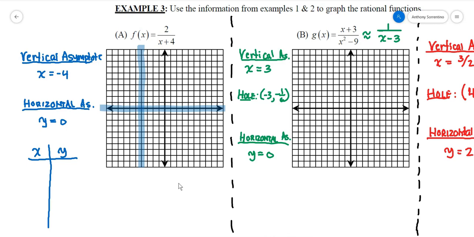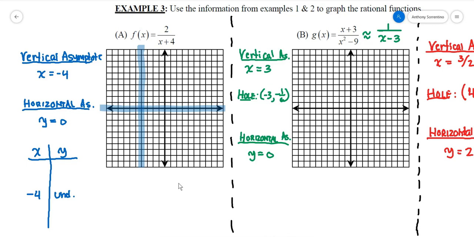And if there's more than one, then you have to account for that. But that's where most of the interesting things tend to occur. So I'm going to put the -4 here, indicate it's undefined here because it is a vertical asymptote.